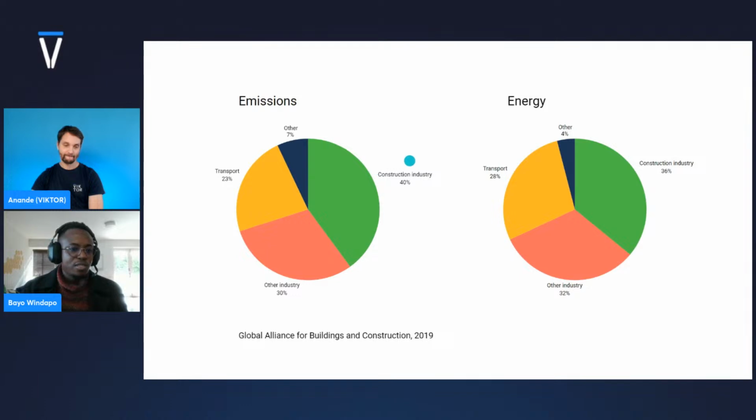Also, everyone knows this, the construction industry releases about 40% of the world's carbon, right? And consumes about 36% of the world's energy. So I'm showing you here that there's low productivity, right?